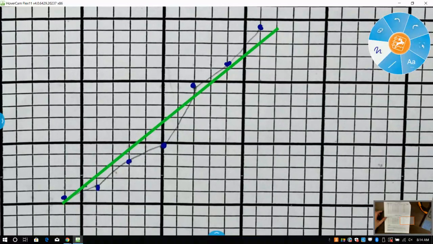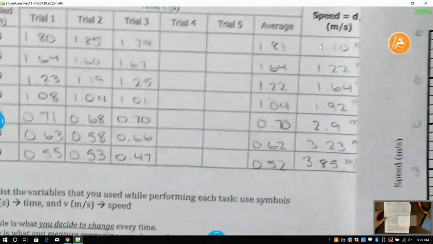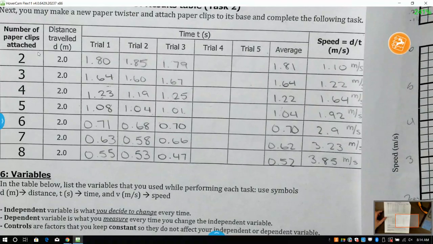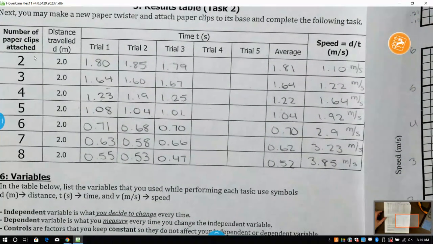And why should this be somewhat of a straight line? Well, as you should have seen from our data table, and also from the graph, the idea of what we're trying to show was the relationship between adding more weight to the paper helicopter, paper twister.